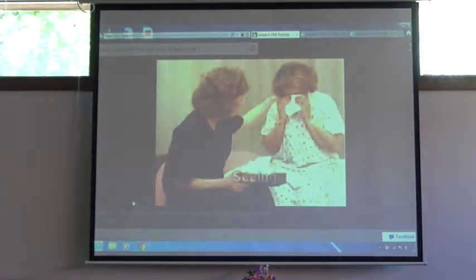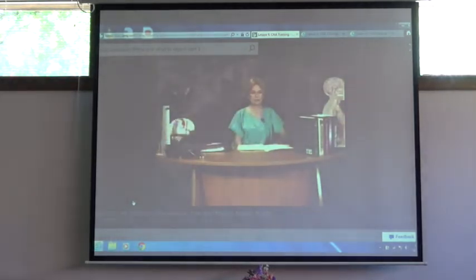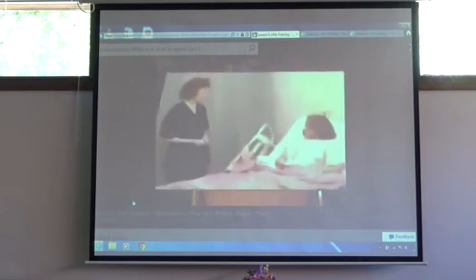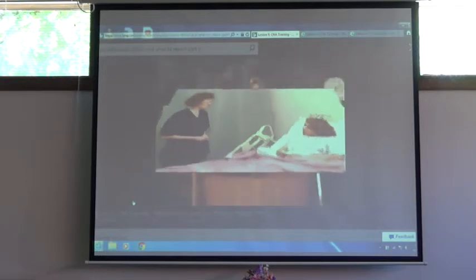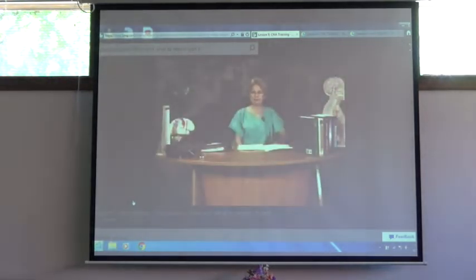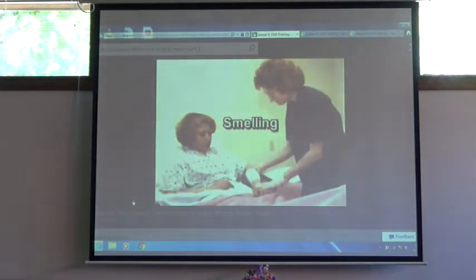The sense of seeing is one that you would use to make observations. Just looking at your patient might be that you notice that they're crying. Another sense would be your sense of hearing, things that the patient tells you. Possibly the patient would be telling you that they're not sleeping well at night. Another sense is the sense of smelling.